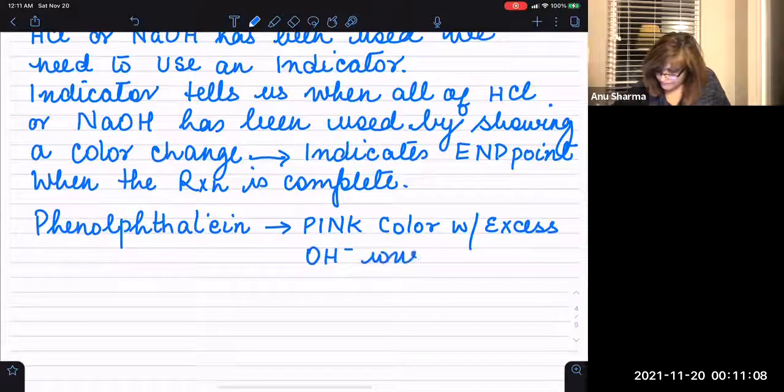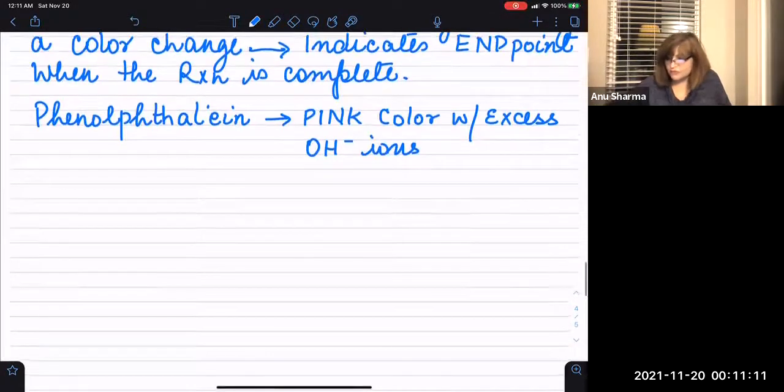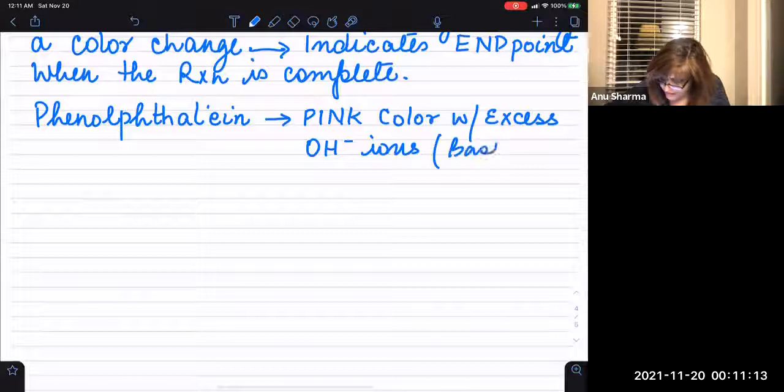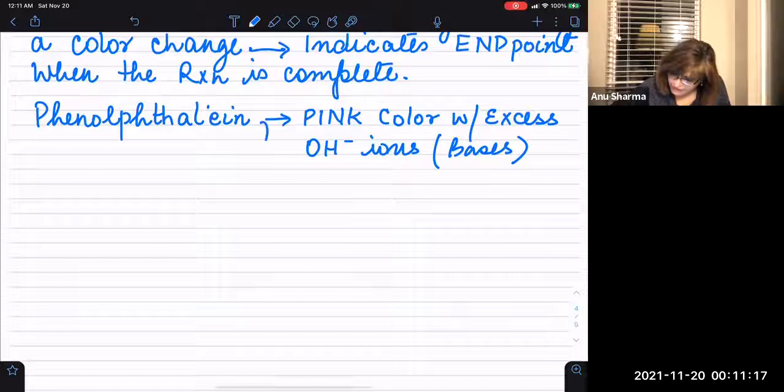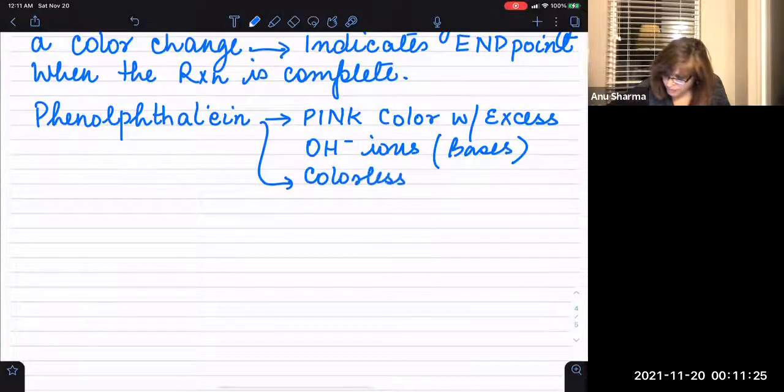So whenever there are basic solutions, whenever there are bases, phenolphthalein is pink. Phenolphthalein is colorless with the acids. Colorless with acids. No color.